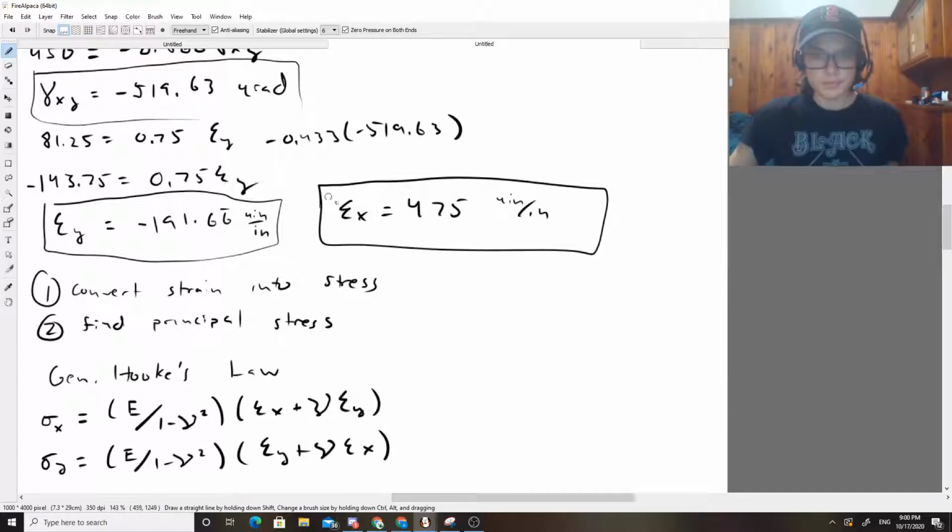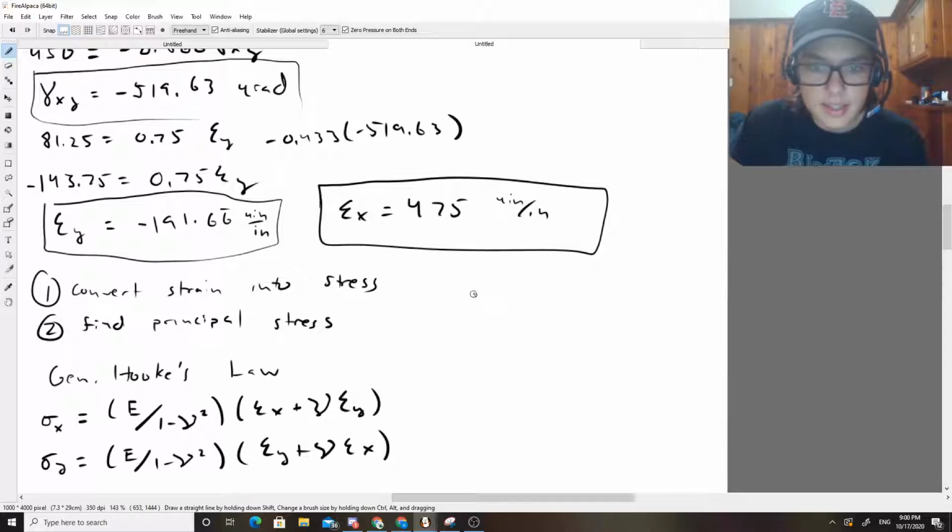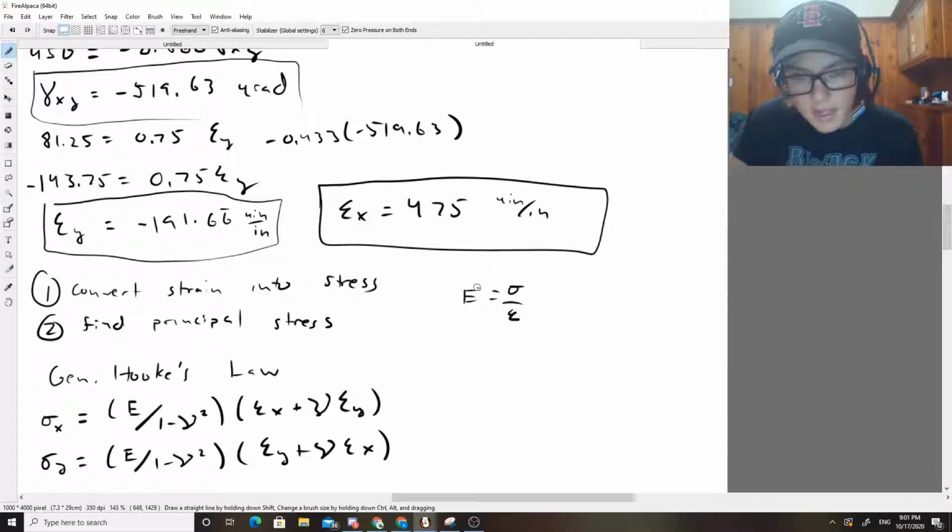So your modulus of elasticity is just going to be equal to your stress over strain. So that's a good way to start by converting stress and strain. Modulus of elasticity is just going to be a constant that you find depending on the material that you have.